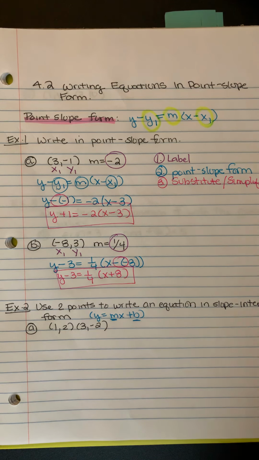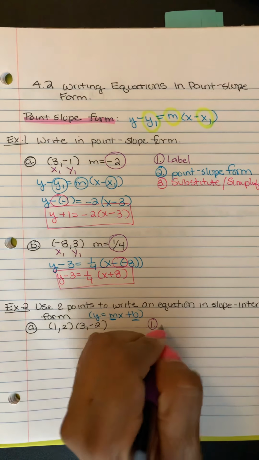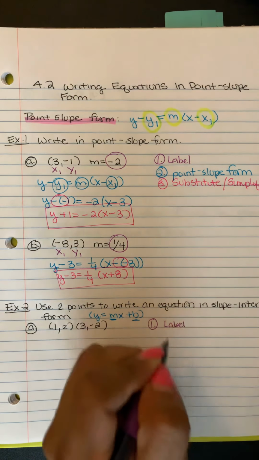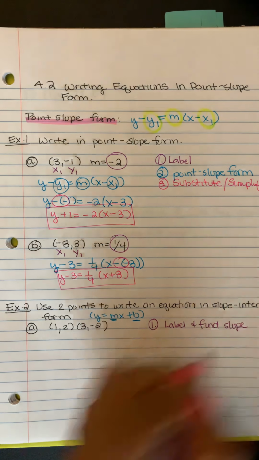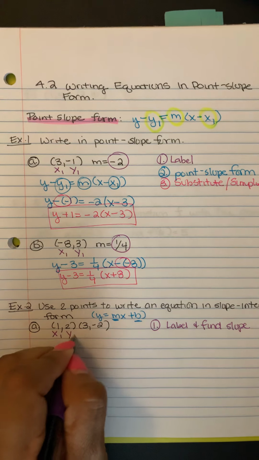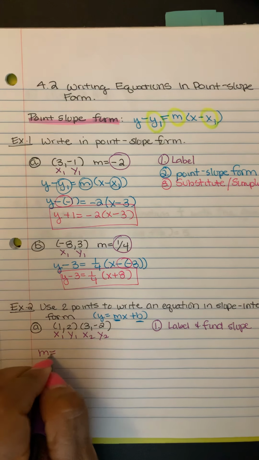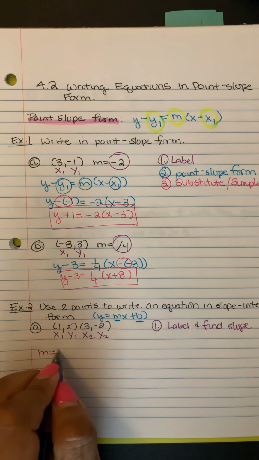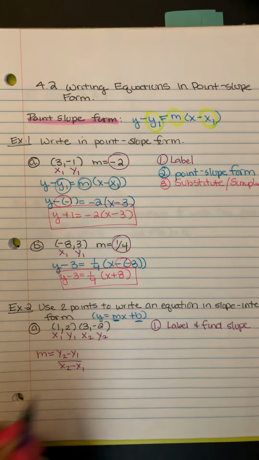The first one is going to ask us to find the slope. So in order for us to find the slope, yes, we are going to have to label and find slope. So let's label x sub 1, y sub 1, x sub 2, y sub 2. So m equals, we're going to plug it into y sub 2 minus y sub 1 over x sub 2 minus x sub 1.